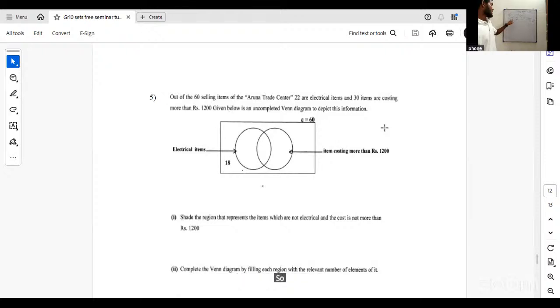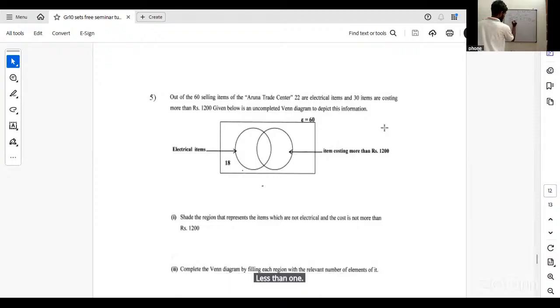So these are items. This is the item of 1,000. This and this. Now this one is costing more than 1,100. This one, the items which are less than 1.